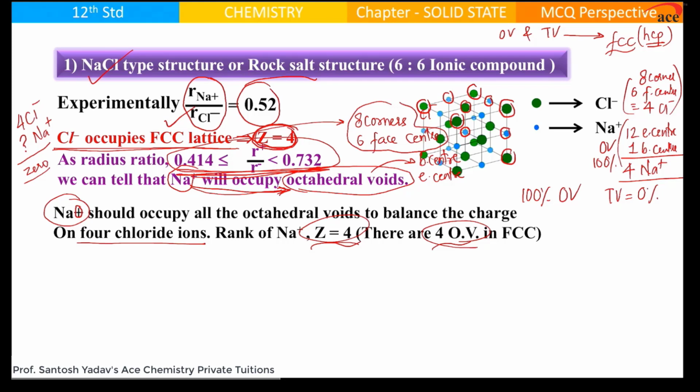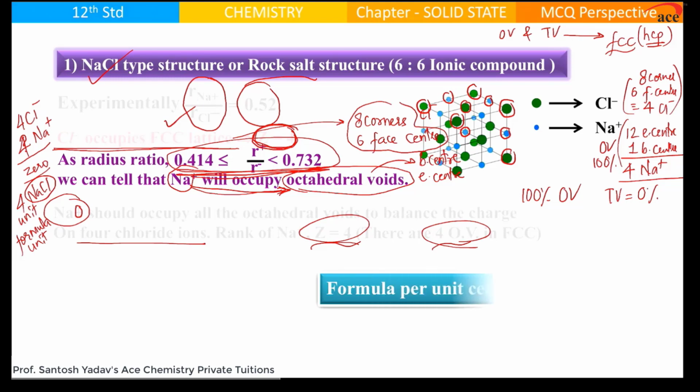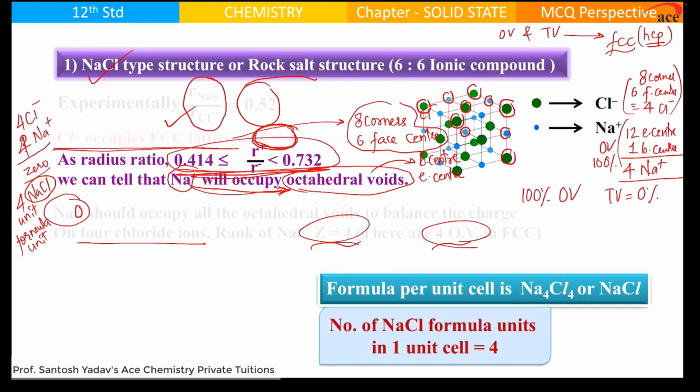So, we have 4 Cl minus ions and 4 Na plus ions. That means it is made up of 4 NaCl units. Ionic units are also called formula units. So, conclusion is, formula per unit cell is Na4Cl4 simplified as NaCl, and number of NaCl in one unit cell is 4.